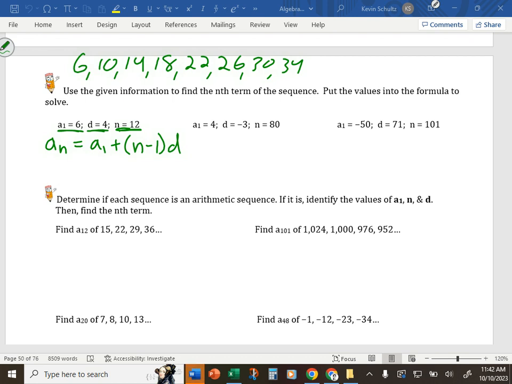Okay? This is much more efficient. AN is A12. Remember, that's our answer. That's what we want to find. What's our first term? 6. What goes in for N? What term do we want to find?